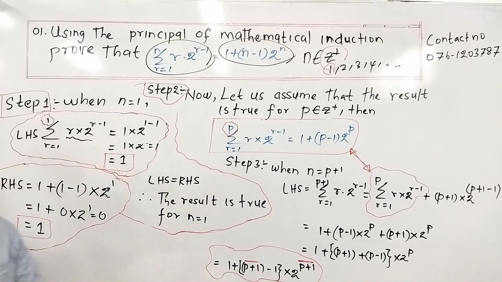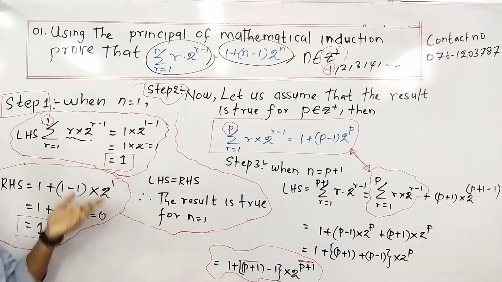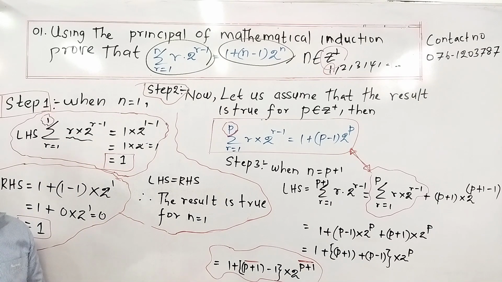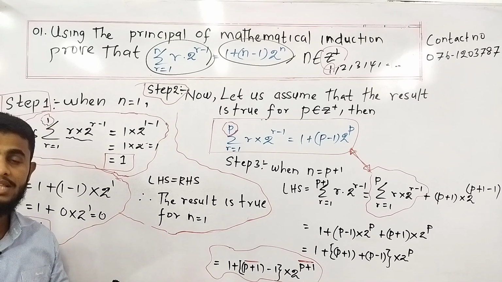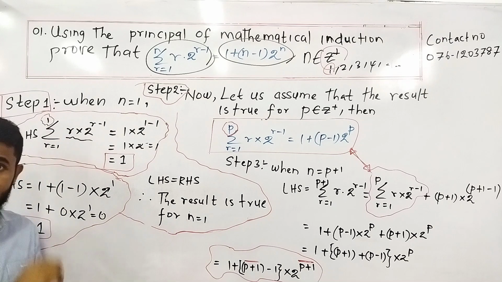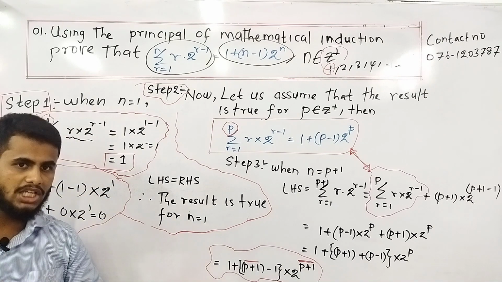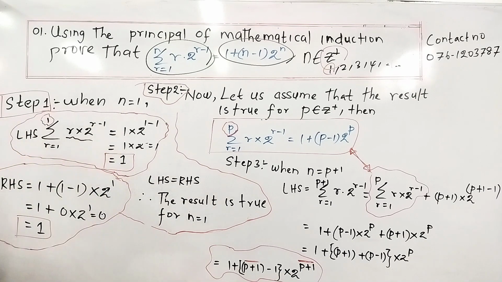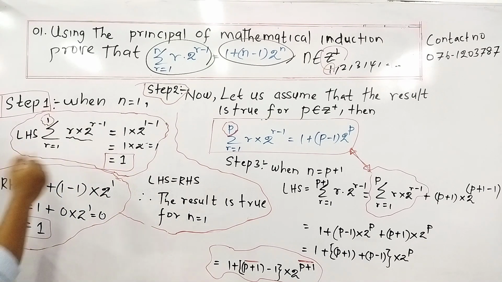Some people put the values inside the summation instead of r. They put n instead of r inside the summation. We can't put the values inside the summation. Apart from the summation, I have to make sure this part has the same number when I put the values.